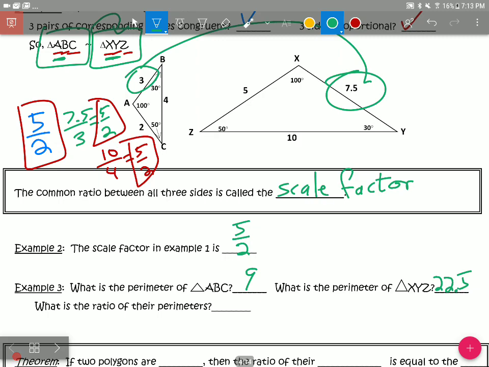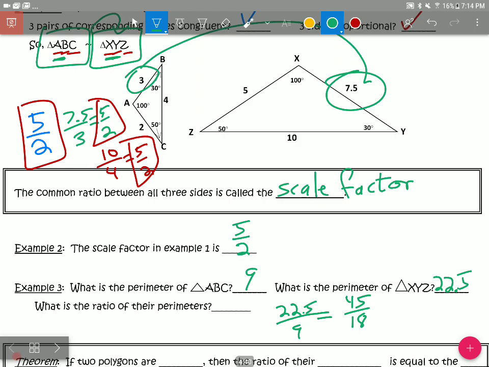What is the ratio of their perimeters? Well, it should be 5 halves. What's 22.5 divided by 9? Let's double that. That's 45 over 18.